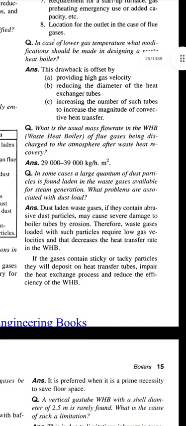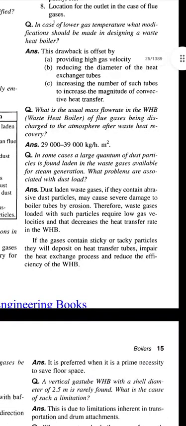Next question. What is the usual mass flow rate in the waste heat boiler of flue gas being discharged to the atmosphere after waste heat recovery? Answer. The usual mass flow rate in a waste heat boiler is 29,000 to 39,000 kilogram per hour meter cube.